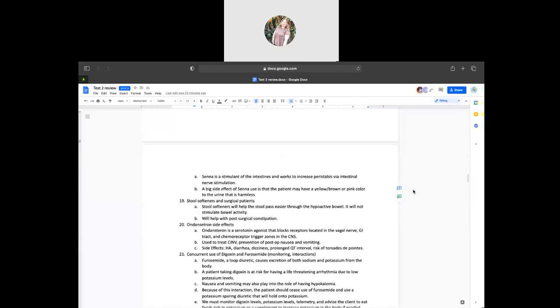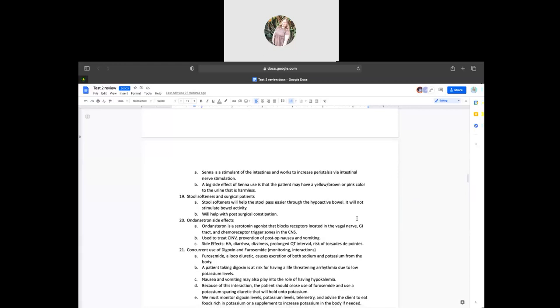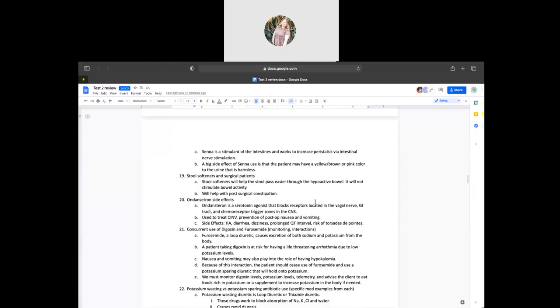We don't want the patient having yellow, pink stool or urine because of senna and then they freak out about it. We need to teach this before we give the medication. A big key thing is to always teach something before you do it. That's why we give pre-op teaching about the post-op period.